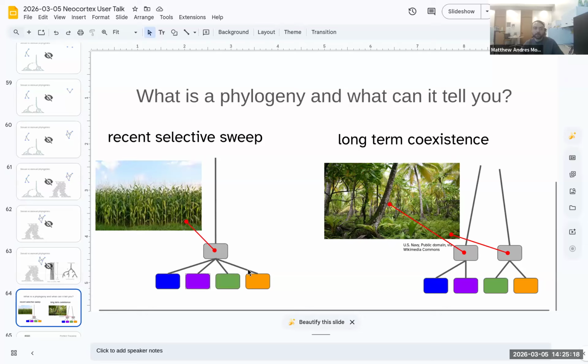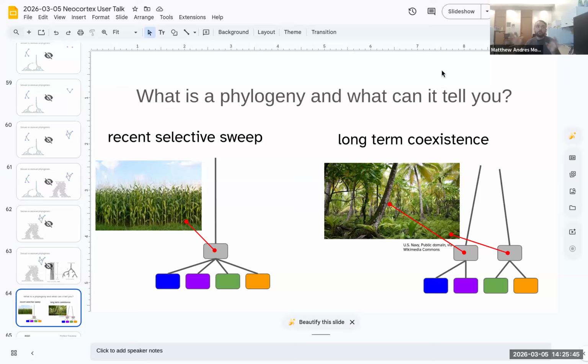So in this scenario, we can infer that probably some organism in the population gained a fitness advantage and then grew and took over the population. Whereas in this scenario on the right, we have different sets of tips that go much, much deeper back to a common ancestor. Looking at that branch length, we can look for evidence of stabilizing ecological interactions between different groups that are causing them to persist together for longer than we would expect by chance.